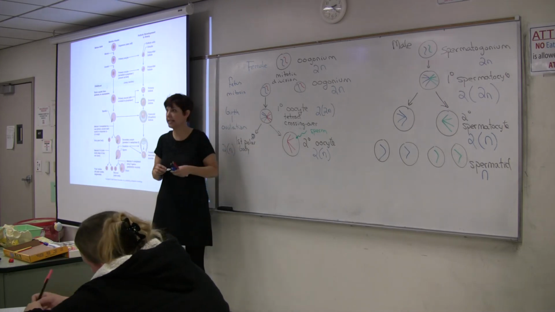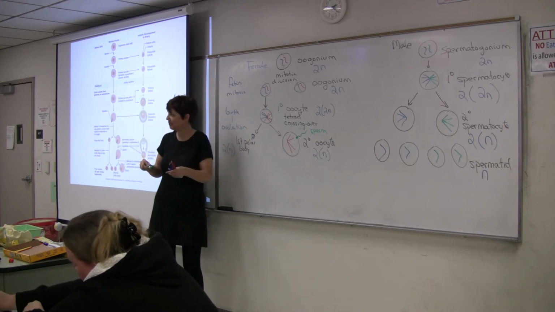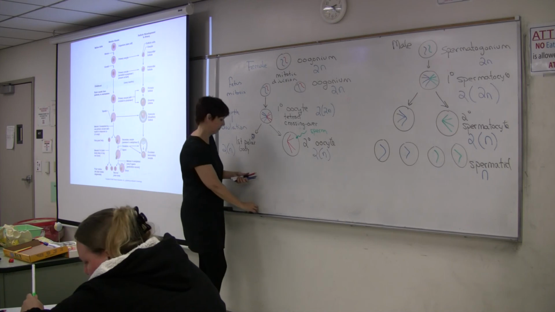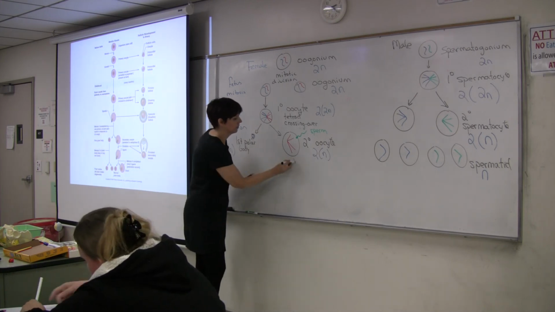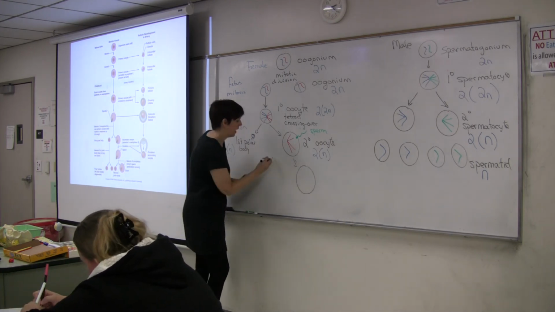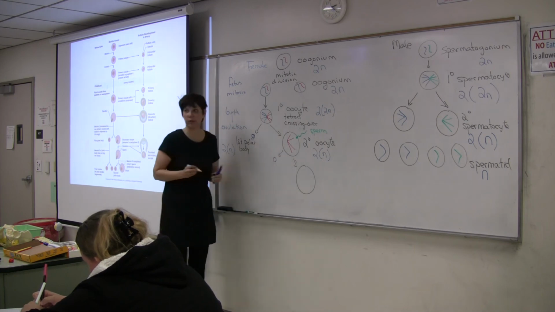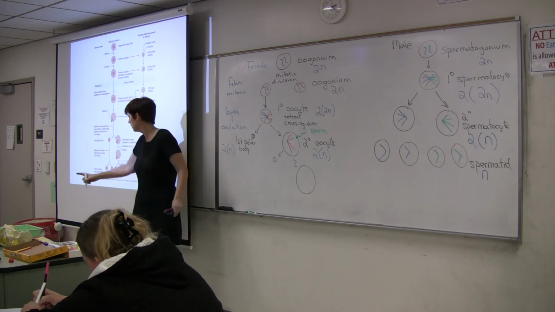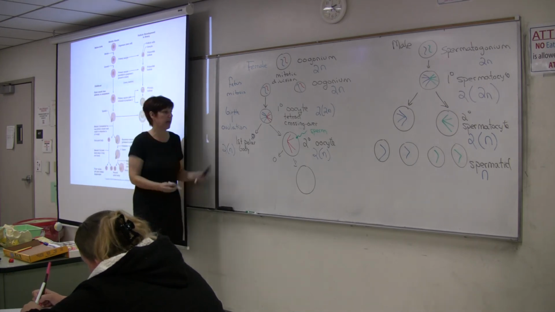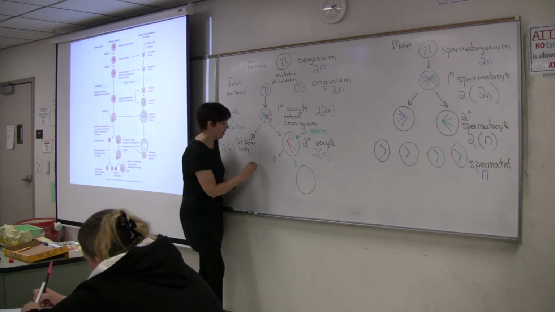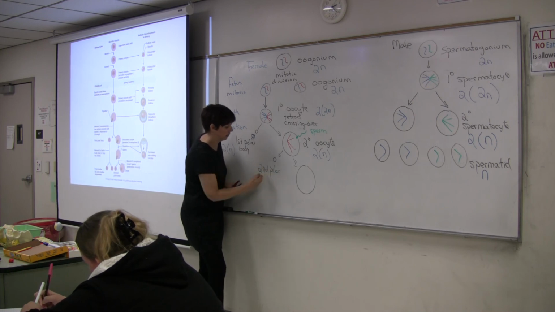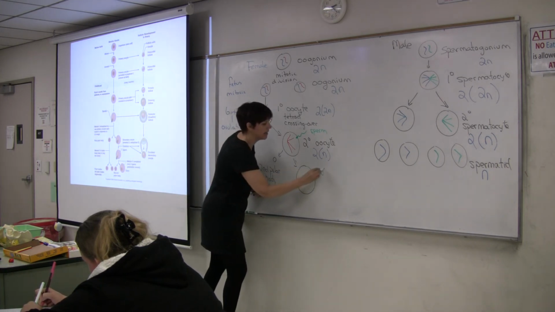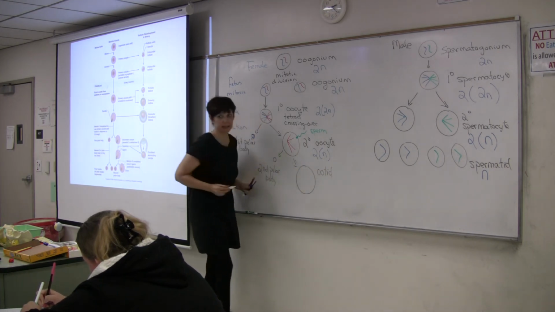That triggers this cell to undergo the second meiotic division. And another polar body is formed. This one may divide as well, okay, but it may not. So this is known as the second polar body. And this is known as the ootid.